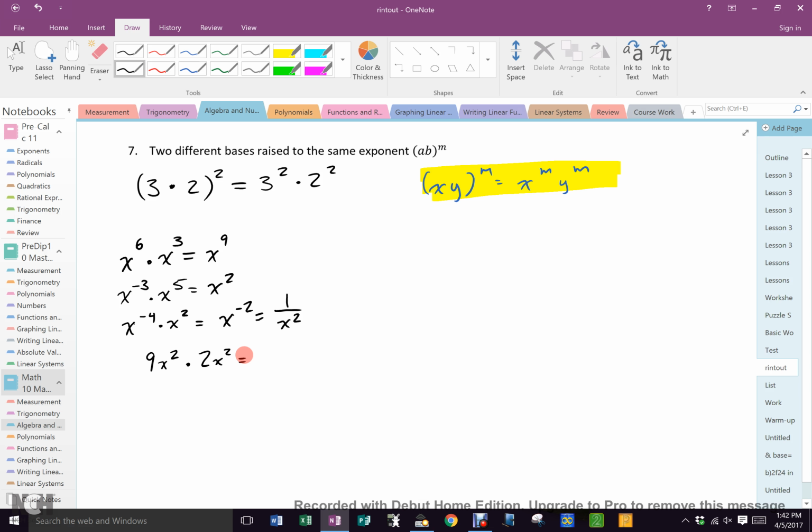Why are you doing 9 times 9? That's not the base, is it, Sean? What's the base? Only the x. So, rethink. You don't have to do 9 times 9. What do you got? Anybody else? 18x to the fourth. Why? Because 9 times 2 is 18. Numbers go with numbers, just like in multiplying radicals.